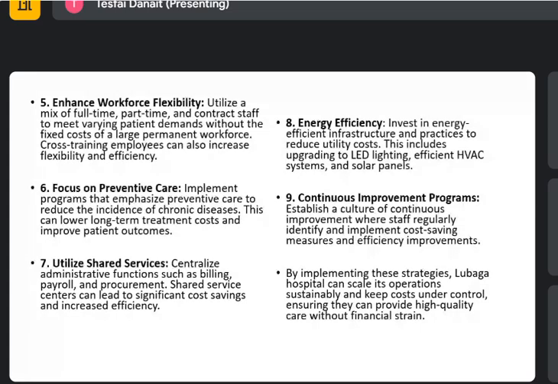This is also mixing full-time, part-time, and contract staff to match varying patient demand without the fixed cost of a large permanent workforce. And efficiency. Working on our employees is very important.